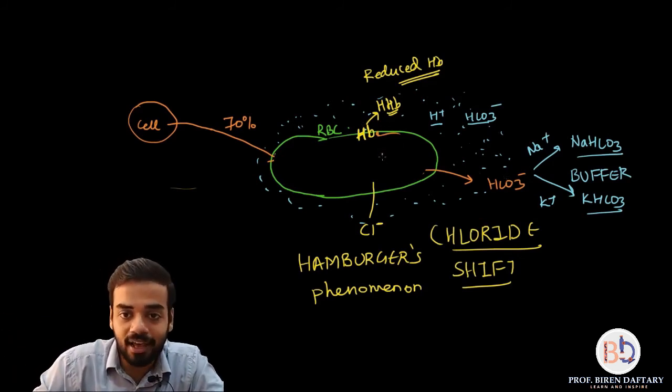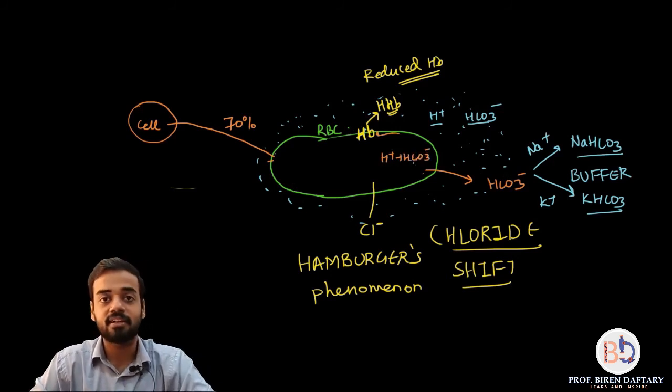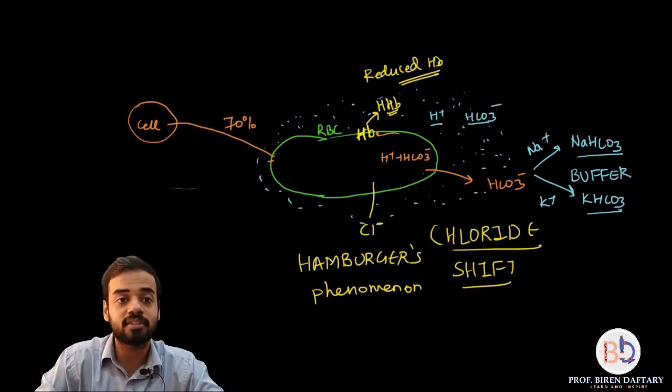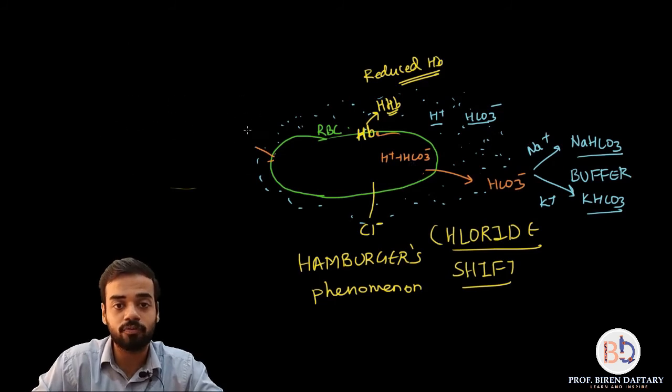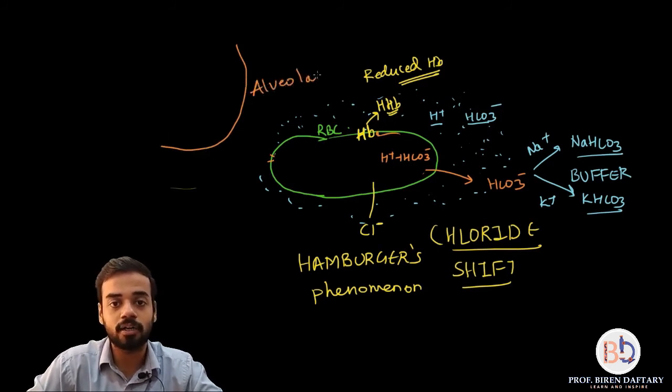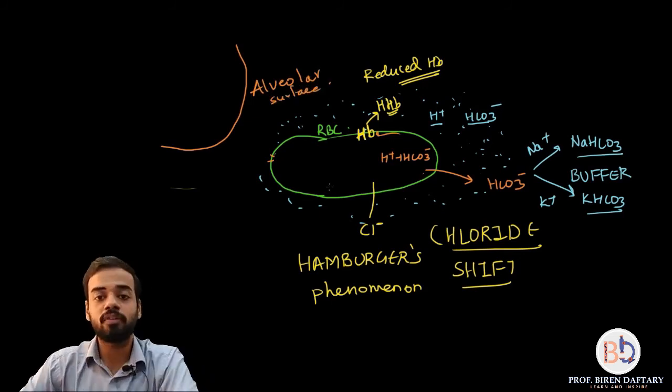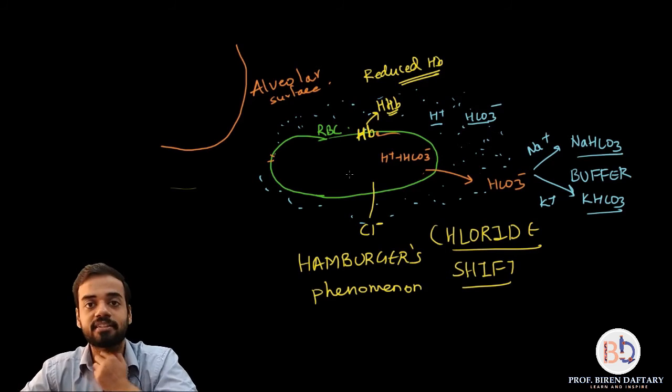So you still have H plus and HCO3 minus ions inside. Now we are talking about the situation near the lungs. So I will rub this off now, and now I am drawing the alveolar surface. Now all the reverse reactions will happen.